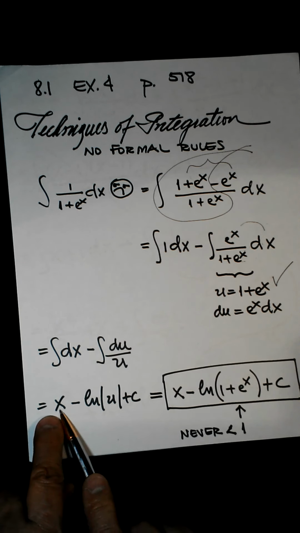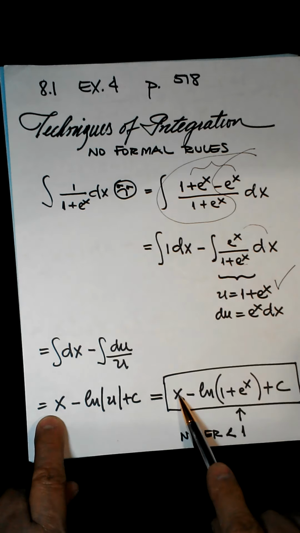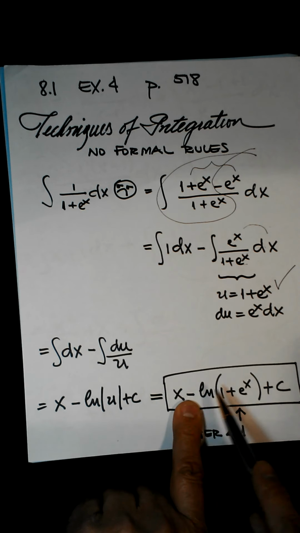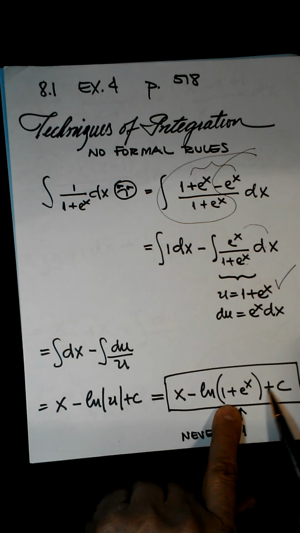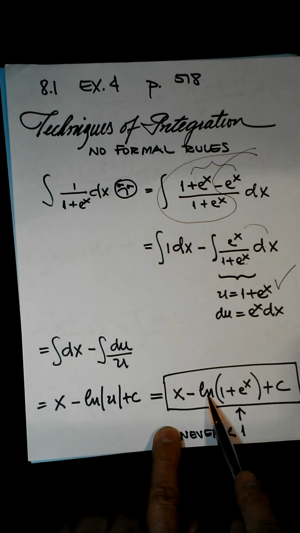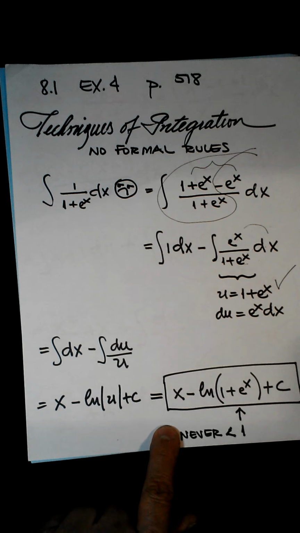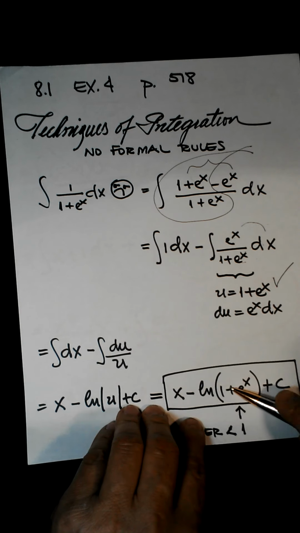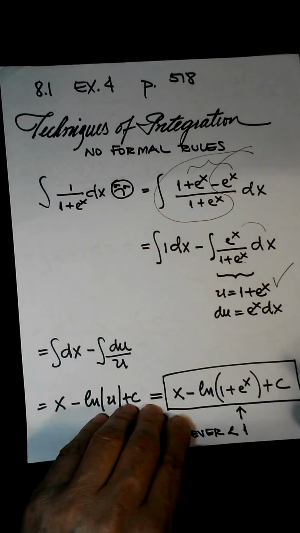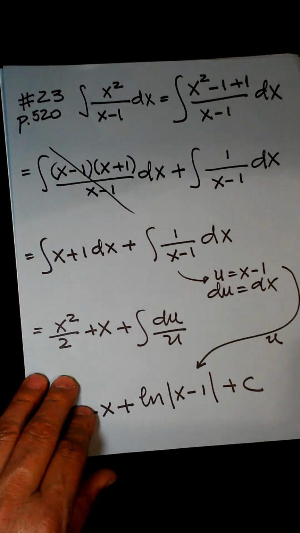So the answer is x minus log natural of u, but the u is 1 plus e to the x, plus c. So x minus log natural of 1 plus e to the x plus c. This can never be negative, therefore you can put a parenthesis.